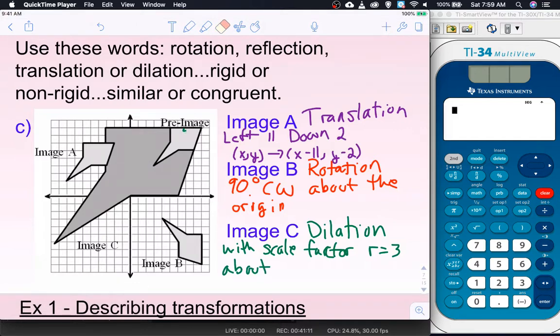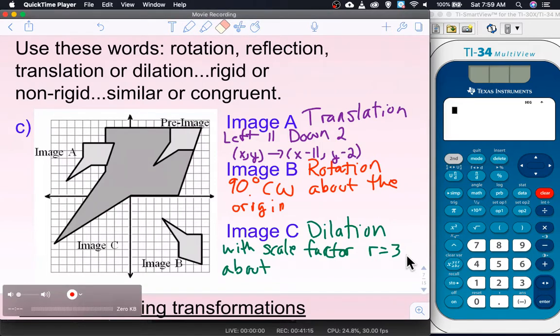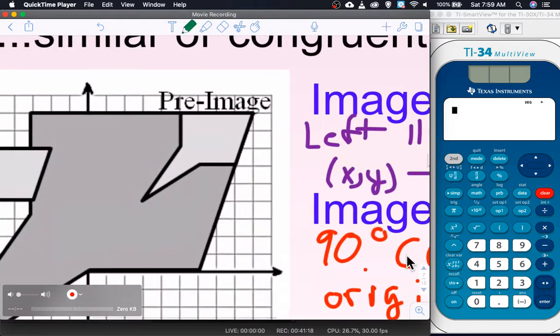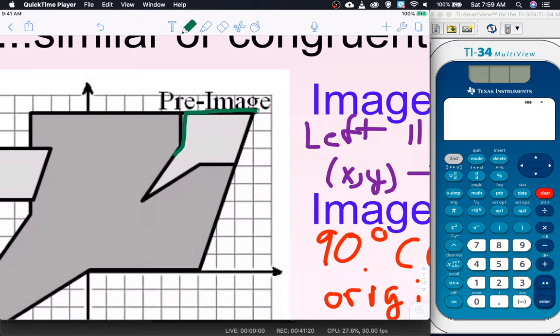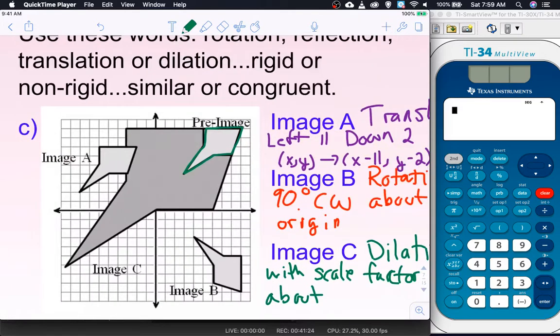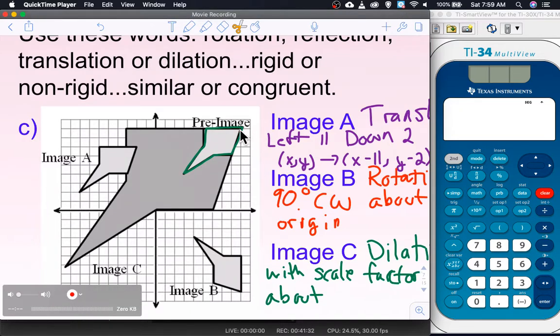Where is the center of this dilation? Where did we dilate from? Like if I would redraw my original here. Okay, where are we dilating from? Where is the center? Where is everything zooming in and out from? Right here.